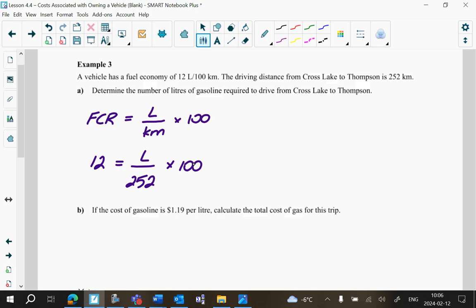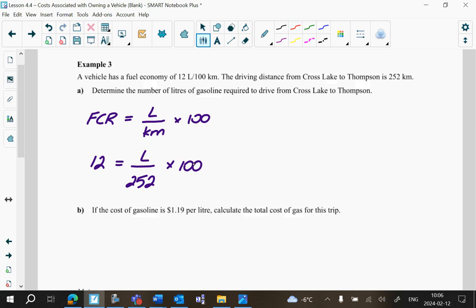Remember, to get a variable by itself, whatever's around it being multiplied, added, subtracted, divided, we do the inverse. So if I want to get the liters, how do I get rid of divide 252? How do you get rid of times 100?